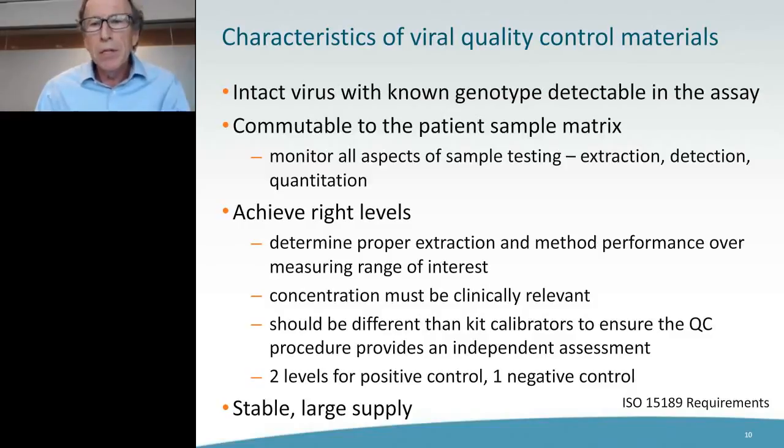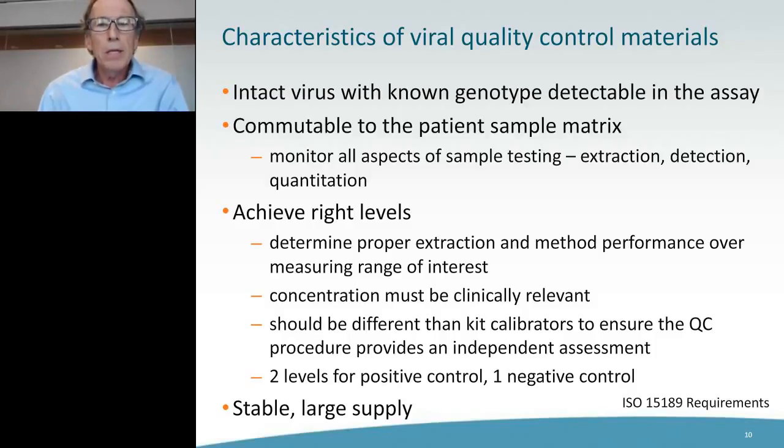So, the characteristics of viral quality control materials. I'll speak to this as a manufacturer. As I said earlier, SeraCare has been manufacturing these types of products for over 30 years. Our strategy to develop these products is to use intact virus that represents the virus being detected in the patient sample.